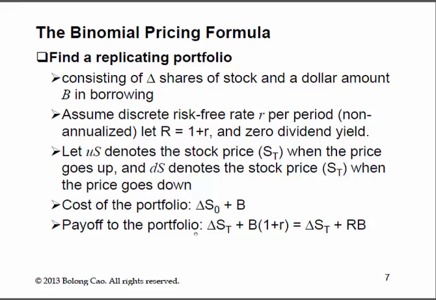The payoff to this portfolio is delta times the expiration price of the underlying plus the borrowed amount compounded at the risk-free rate. That's the expiration portfolio value: delta times the expiration underlying price plus capital R times the borrowed amount.